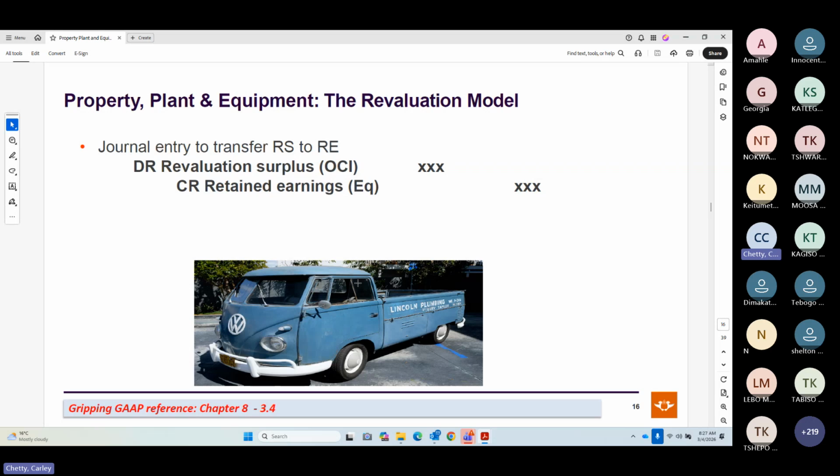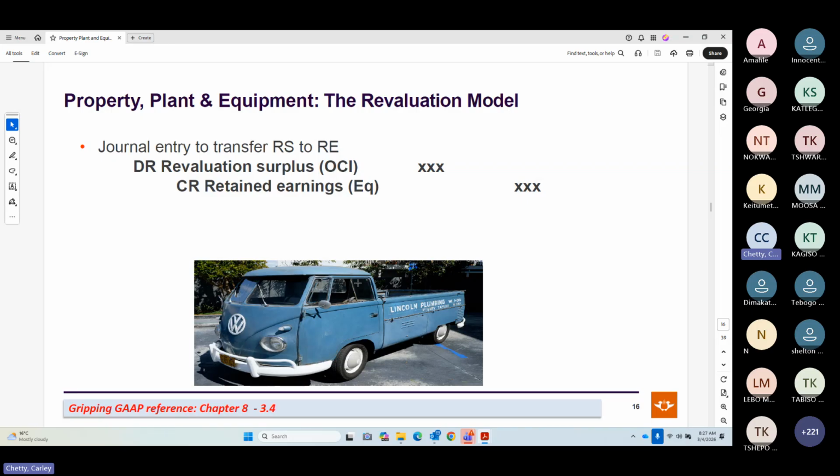So we're going to say debit revaluation surplus, which is other comprehensive income. We are reducing the revaluation surplus account, and we are transferring it and increasing the retained earnings account. The retained earnings account is equity. So you can see that we are transferring from one equity account to another.